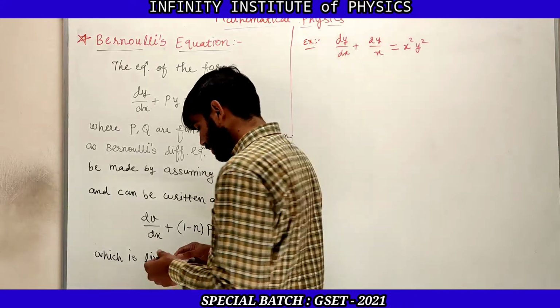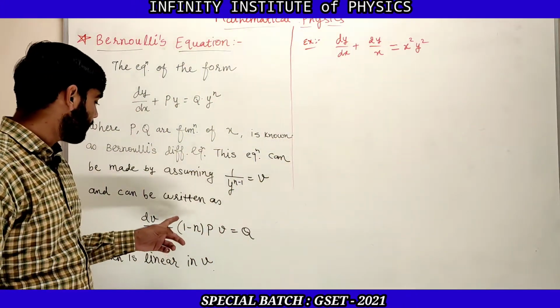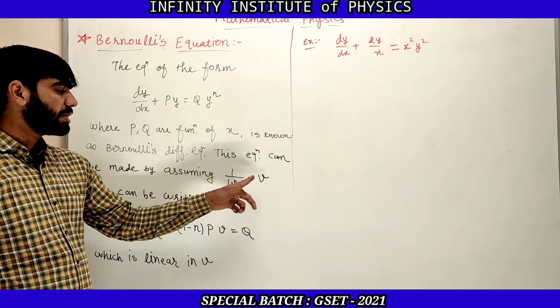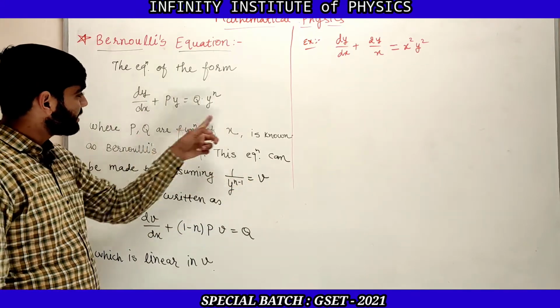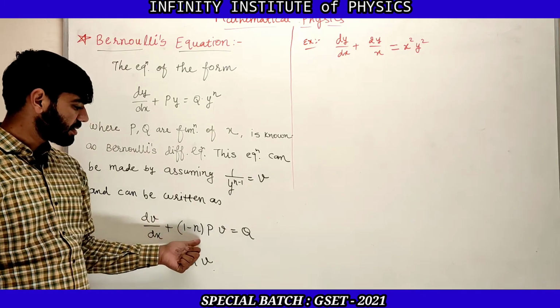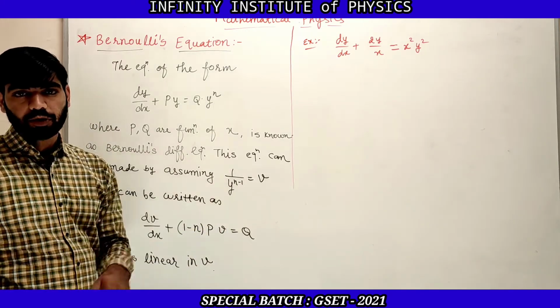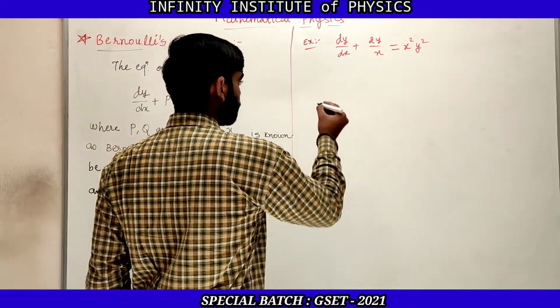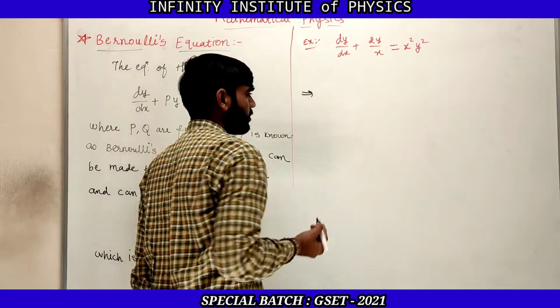So how will it become a linear differential equation? If we assume that 1 upon y raised to n minus 1 is equal to v, then this equation will be converted into dv by dx plus 1 minus n into p, v is equal to q. So how? Let us try to understand how to find this equation.